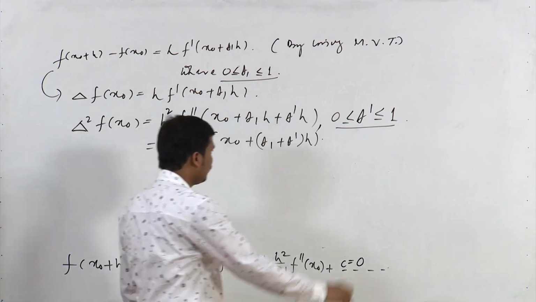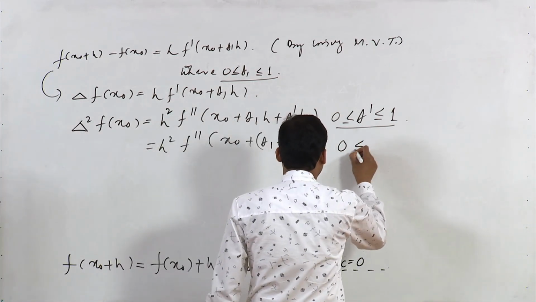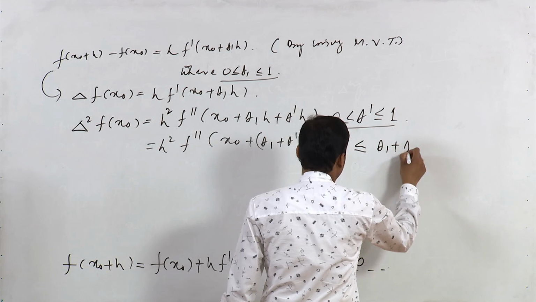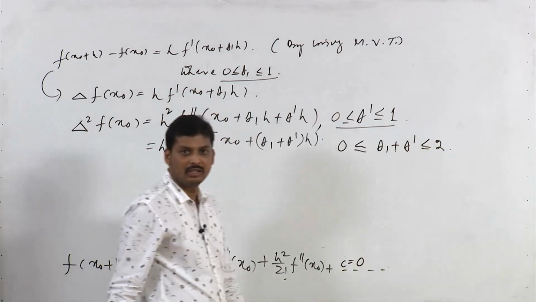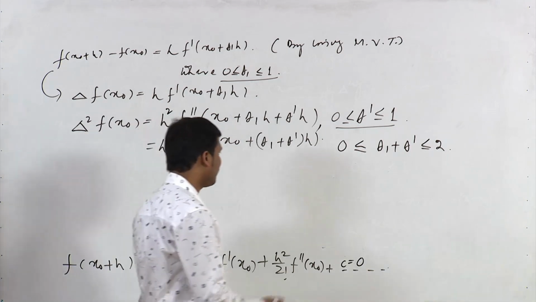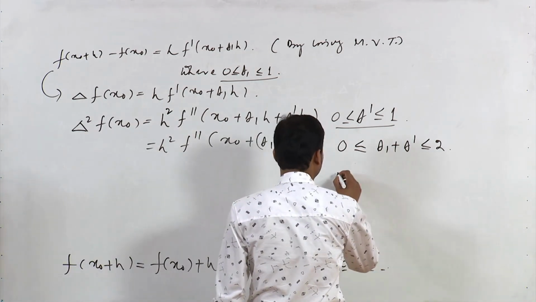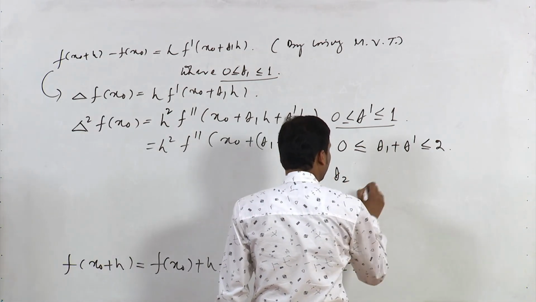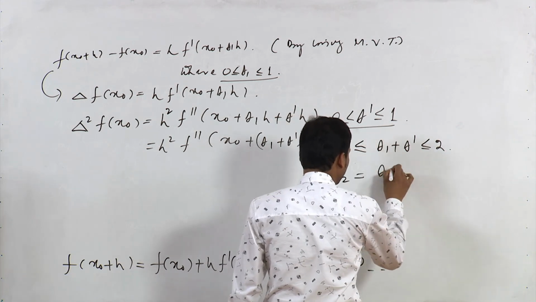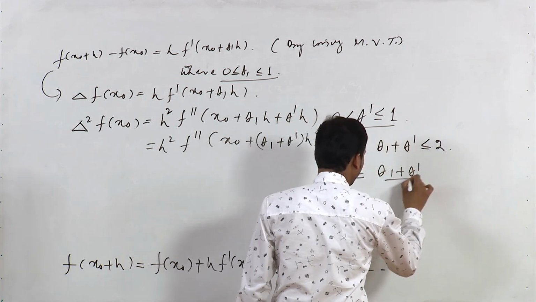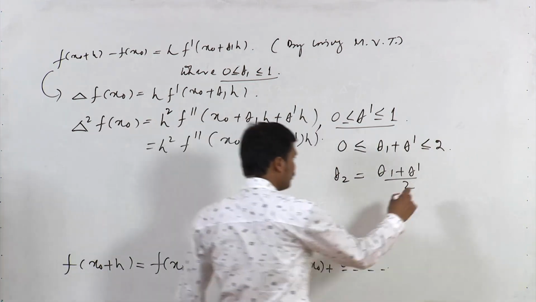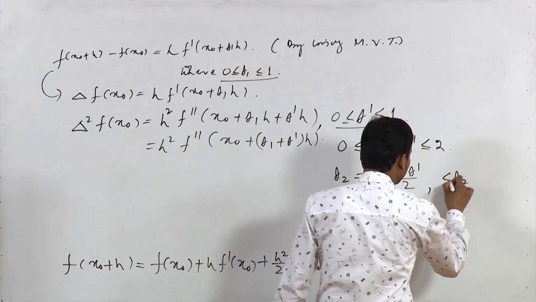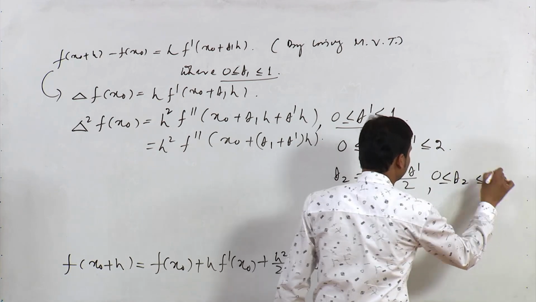So that is why we can say that theta 1 plus theta dash should lie between 0 and 2 here. And if we write another parameter, suppose theta 2, which can be expressed as theta 1 plus theta dash by 2, then we can say that theta 2 should lie between 0 and 1 here.